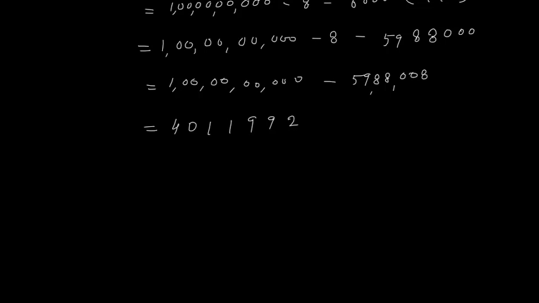So how many more zeros do I need? I will use them here. So 1 2 1 2, then this will also cover, and here it will be 9 9. Okay, 99 40 11 992.